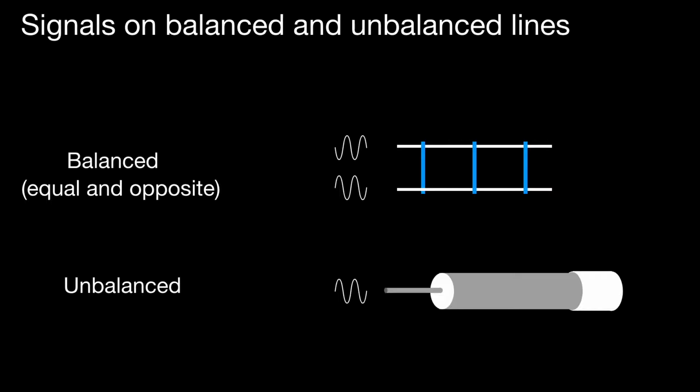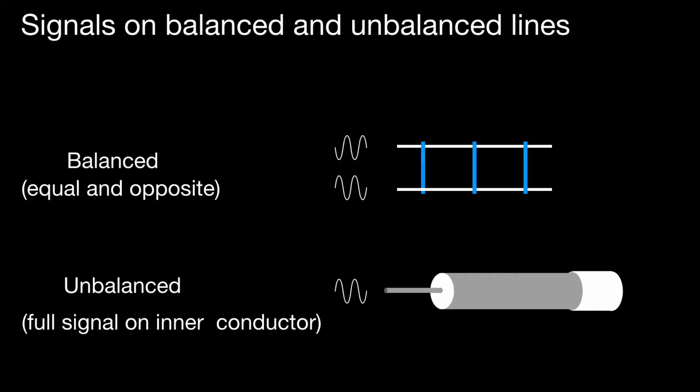This is not the case with ladder line. If we disrupt the fields on the ladder line, then the cancelling effect is destroyed and the ladder line won't work properly.